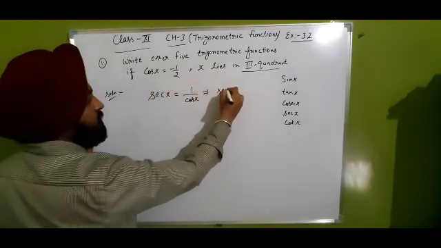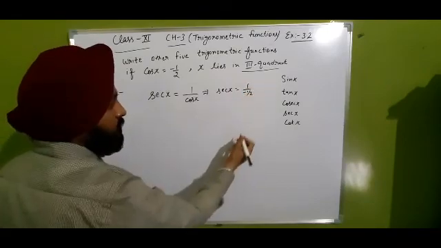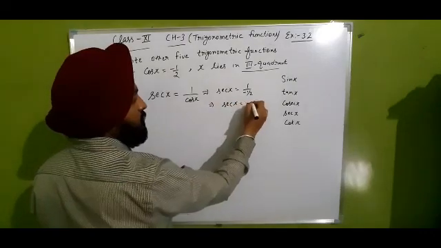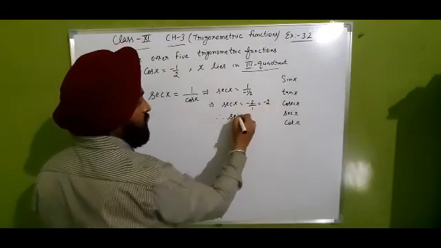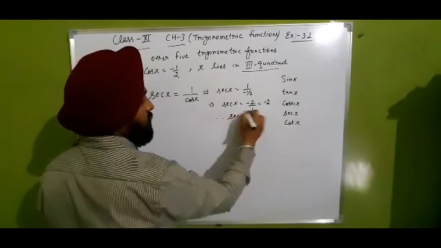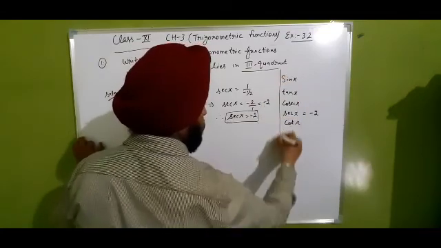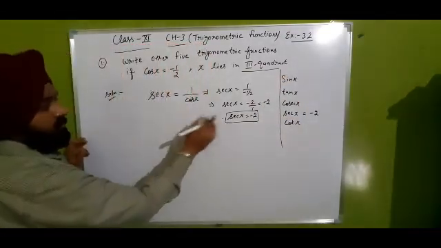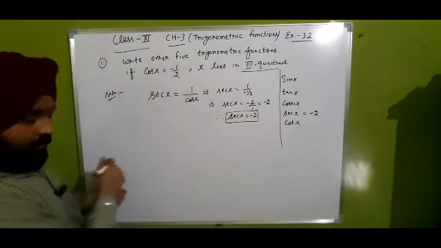That is secant x equals 1 upon minus 1 upon 2, which is minus 2 upon 1, that is minus 2. So secant x value is minus 2. Clear? Cos x value is minus 1 upon 2, already given.